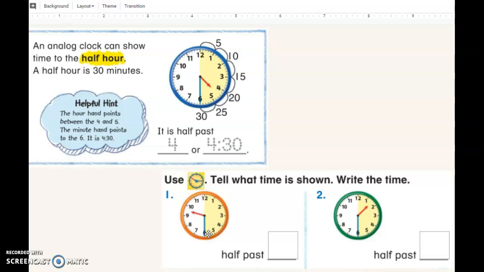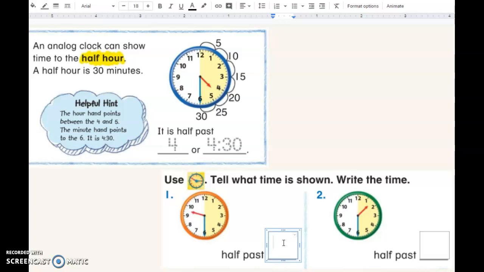So let's focus on the short red hand and see what number it points to for the hour hand. It's not touching exactly on the 9 or the 10, so we go to the number that came first, which is 9. The clock is showing half past 9.